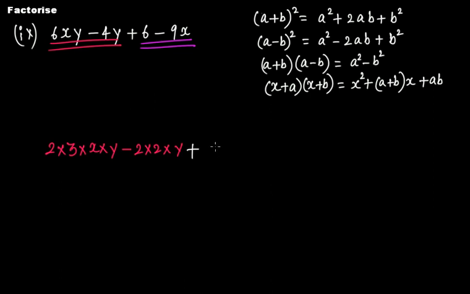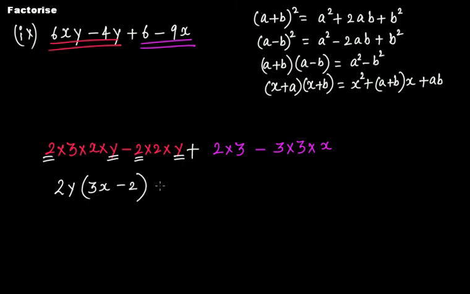This is 2 multiplied by 3 minus 3 multiplied by 3 multiplied by x. We are using the factorization by the method of regrouping. Now this 2, and this y and this y. So take 2y, the two common factors in these two terms. So inside you have 3x minus 2, and then this plus sign here.